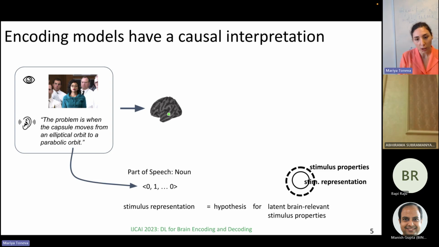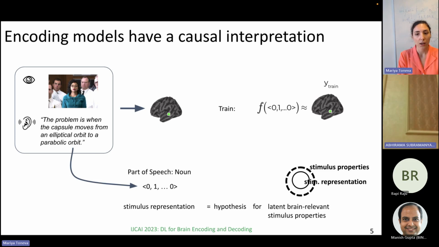So I'm talking a lot about these encoding models. What actually are they? I'll give you a more specific dive into encoding models in the following slides, but I do want to tell you here about a very high level understanding of an encoding model.